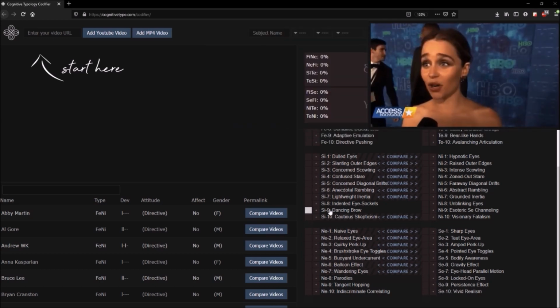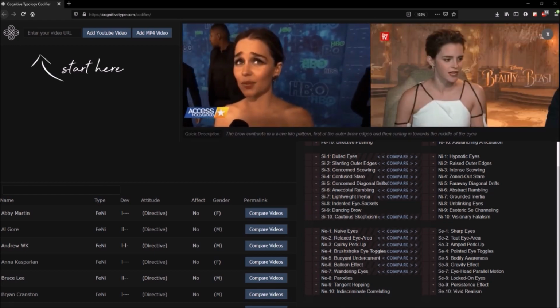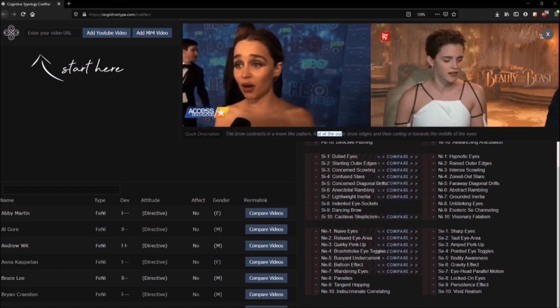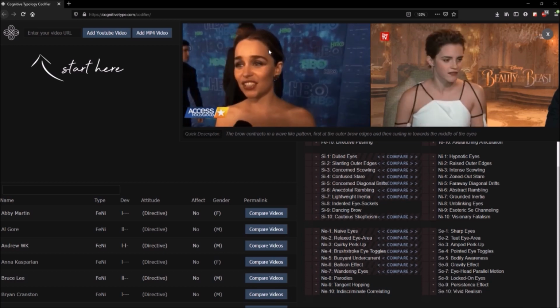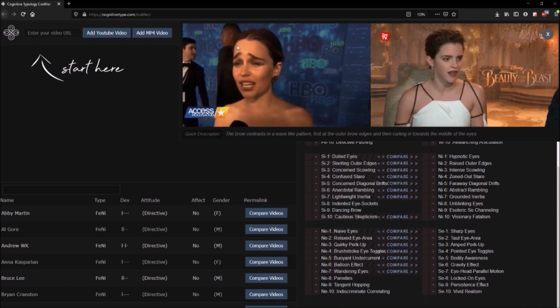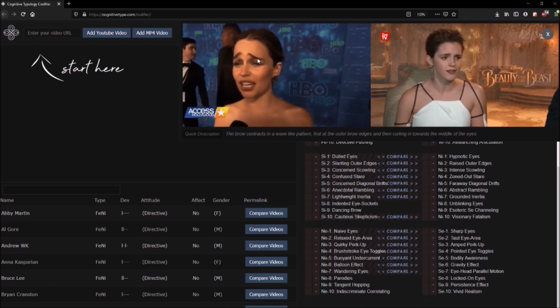And SI9 is dancing brow. The brow contracts in a wave-like pattern, first at the outer brow edges, and then curling in towards the middle of the eyes. As you can see here, the eyebrow goes into a U shape. Remember we talked about the U shape. So it races off the eyes, and then starting from the outer edges, it slants and it curves up.